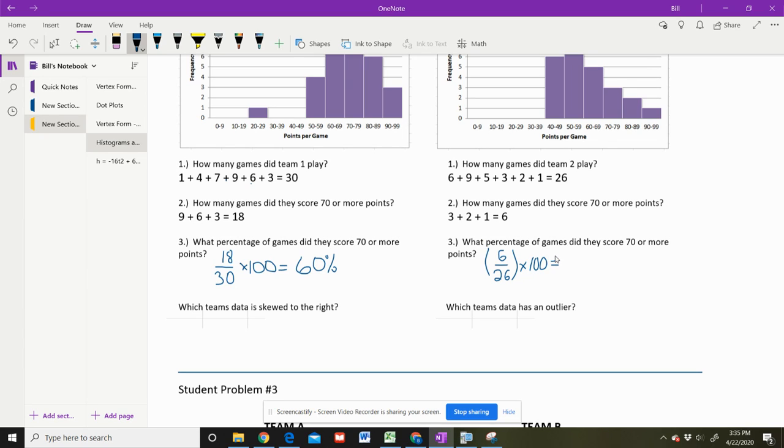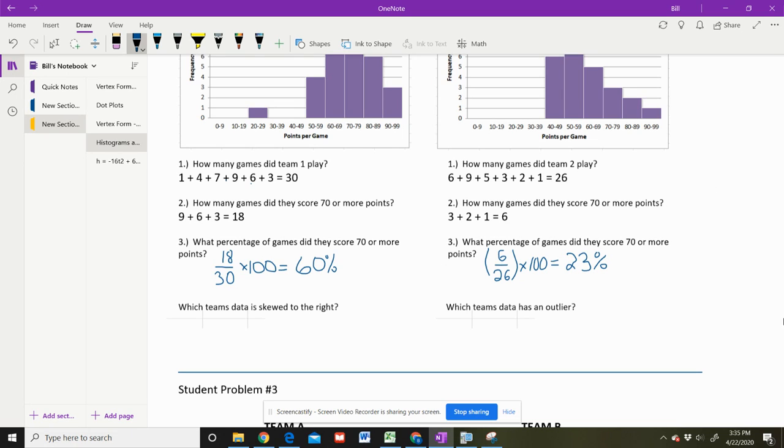So this is going to work out to be 23%. So this team is not as high scoring as the other team. The other team, 60% of their games, they were able to score above 70 points. This team, 23% of the time, they were scoring above 70 points.